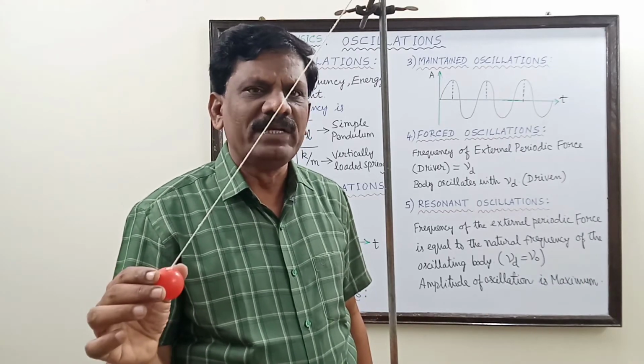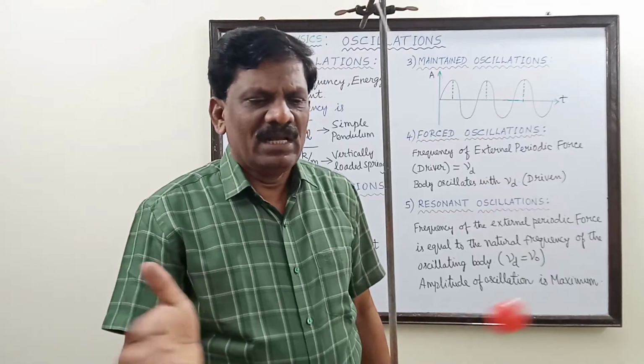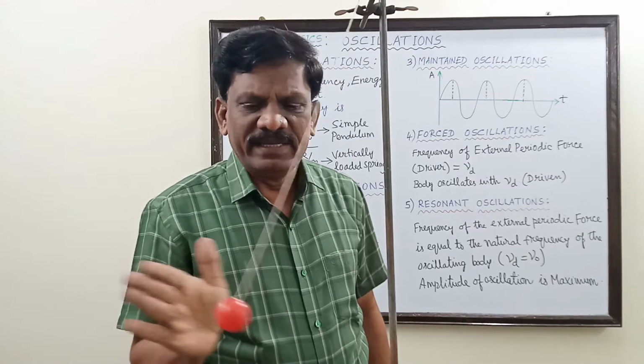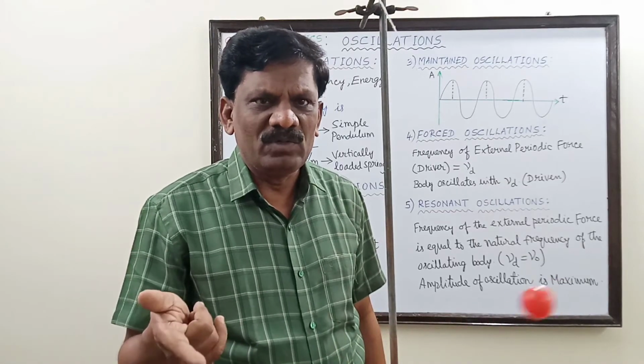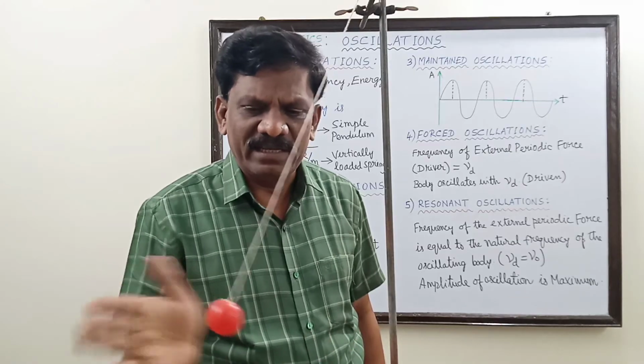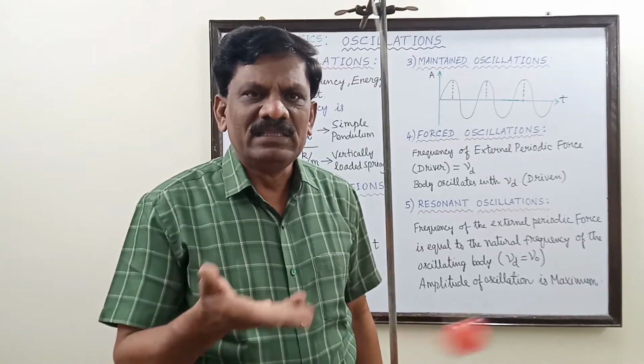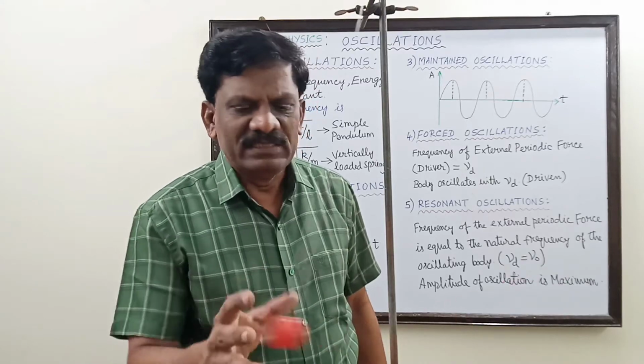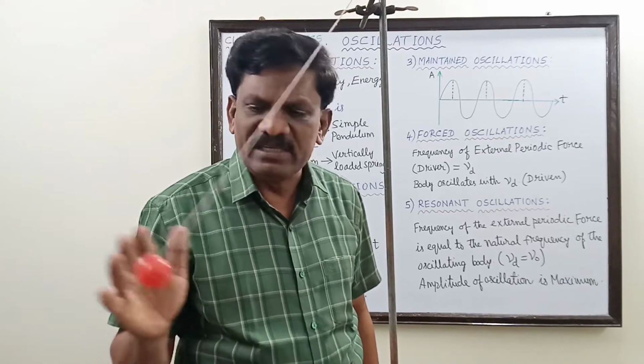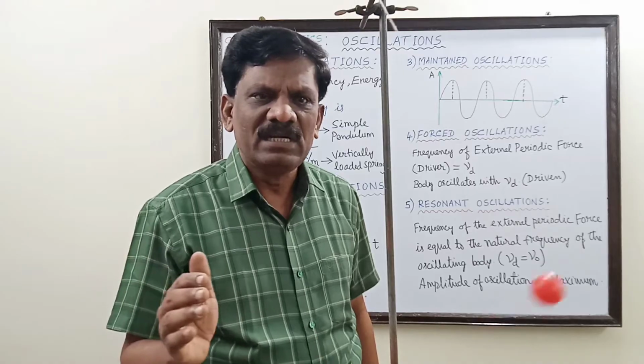But now I am going to give some force. You see here, once I have forced, 2 oscillations I did not touch, 3. Then after the third, once again I force it to oscillate. Then 3 oscillations I left free. Like that, for every 3 oscillations I am applying a force.